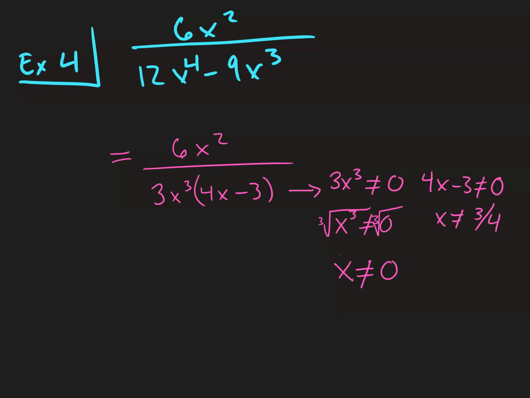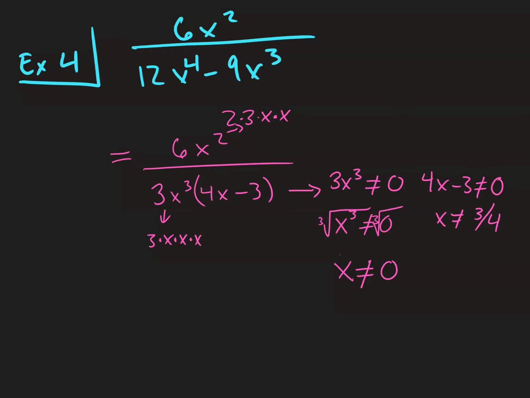So if you notice, 6x squared can be thought of as 2 times 3 times x times x. Our denominator, 3x cubed, has a factor that can be thought of as 3 times x times x times x.